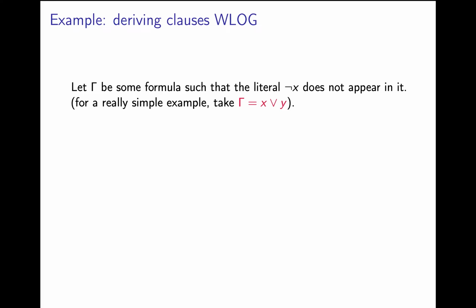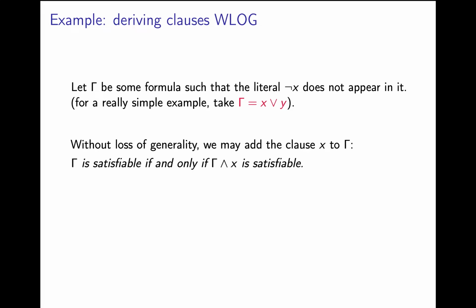So now I'll try to show an example of what it even means to derive clauses without loss of generality. For this example, let gamma be some formula in which the literal not x does not appear. And to be concrete and simple, let's say gamma has just a single clause, x or y. Now, without loss of generality, we may enlarge gamma with the clause x. And we need to justify this, just as you would do when making an assumption without loss of generality in your proofs.